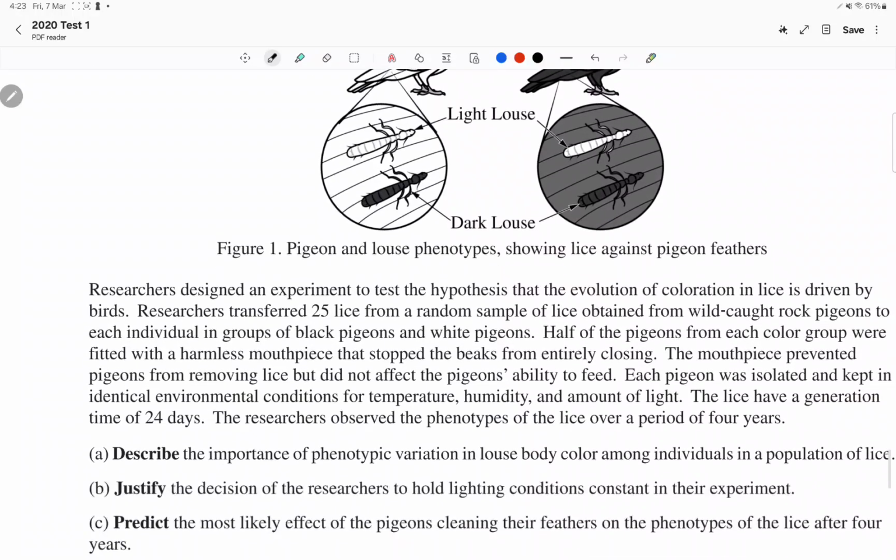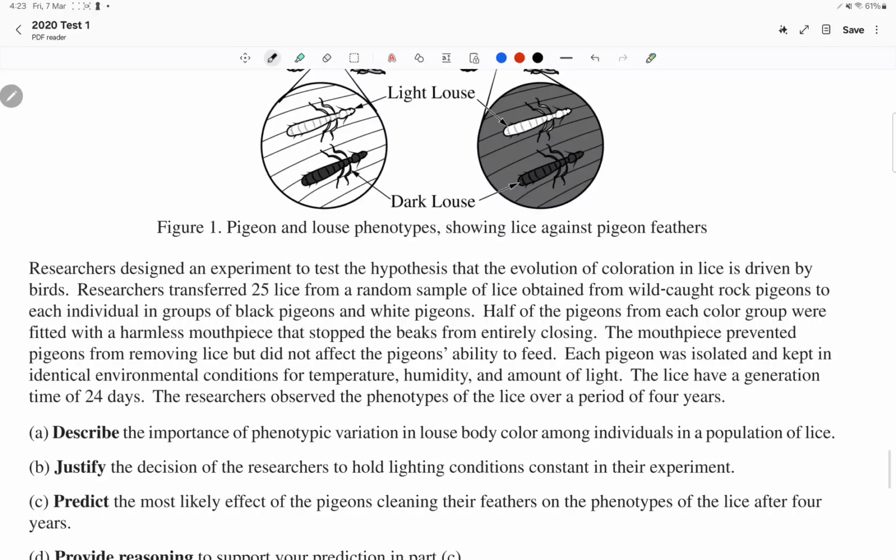Now, the hypothesis is that the evolution of the coloration in lice is driven by birds, by natural selection, basically. So they would take 25 lice from a random sample of lice, and half of the pigeons were fitted with a harmless mouthpiece that stopped the beaks from entirely closing.